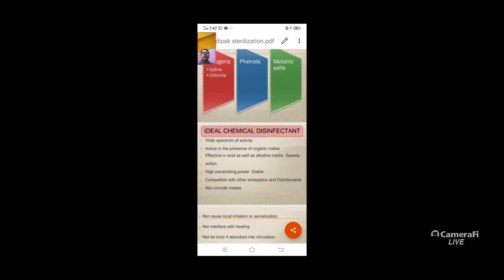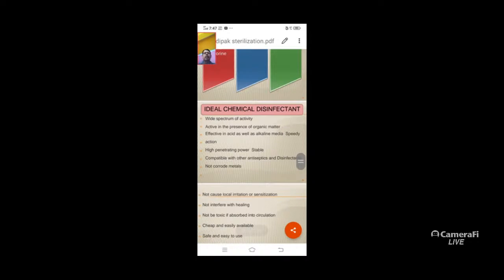Effective in both acid and alkaline media, with speedy action, high penetration power, and stable and compatible with other antiseptics and disinfectants. Non-corrosive to material. Not causing any local irritation or sensitization.